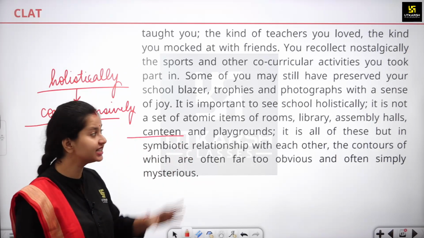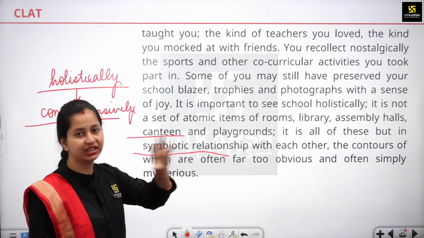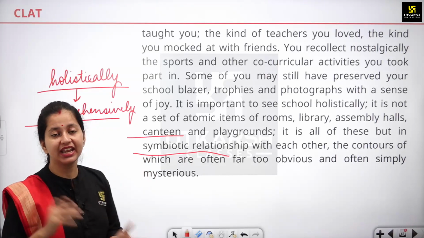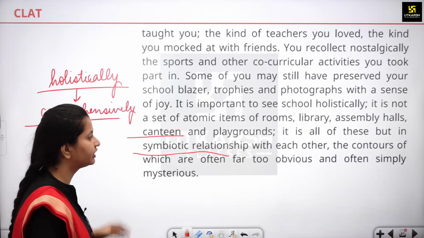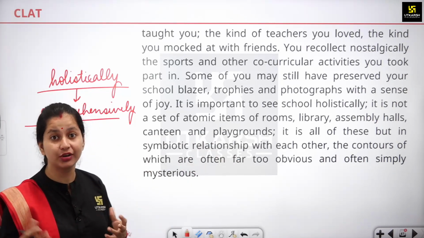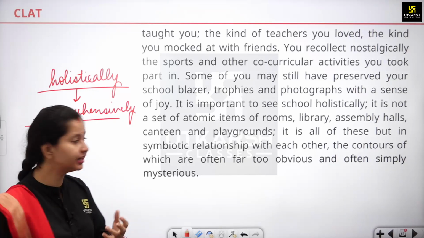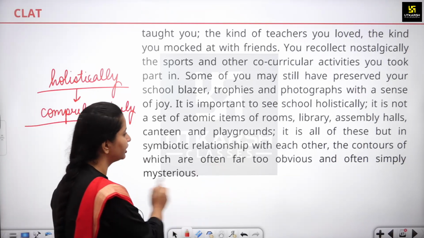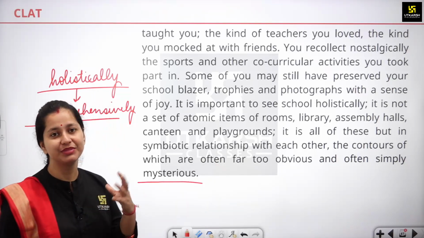It is all of these, but in symbiotic relation with each other. Symbiotic means in a mutually beneficial relation with each other, the contours of which, contours means the outlines, the shadow, the reminiscent, the reminders of which are often far too obvious and often simply mysterious.